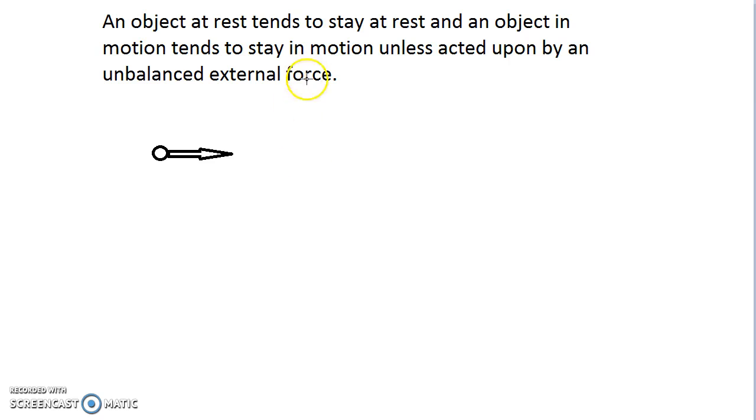Well, if we take into account all the forces that are acting, because it may not seem like anything is happening to the ball. It may seem just like, well, my hand applied a force to the ball, and that was it. There's nothing else happening.